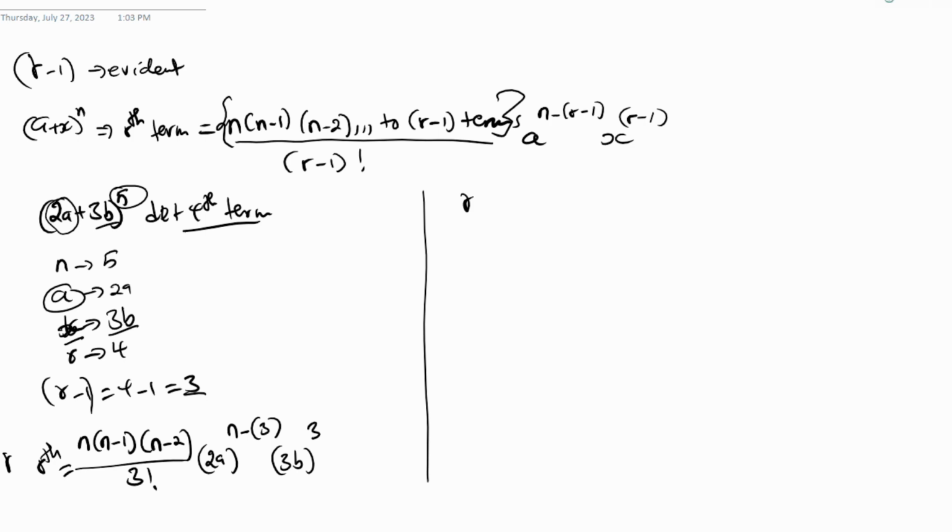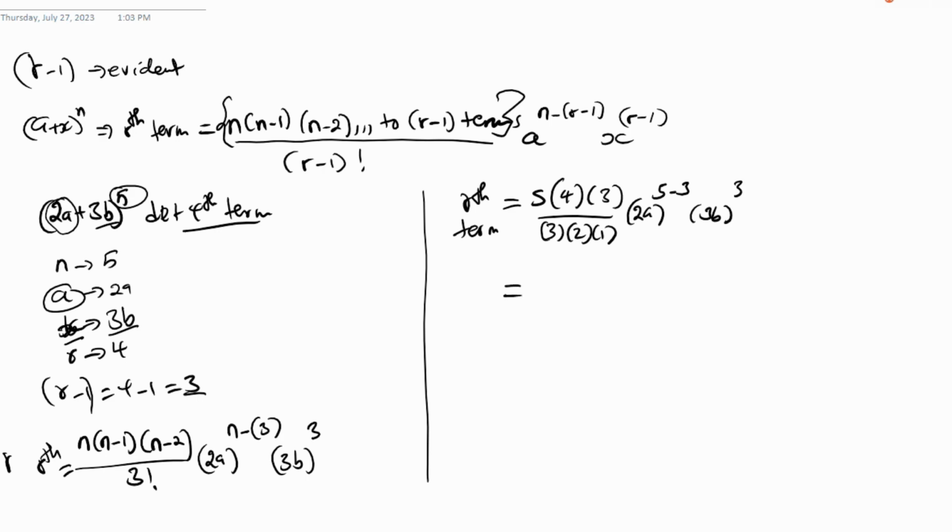We find that the rth term becomes, let's slot in our values: the n value is 5, into 5 subtract 1 is 4, 5 subtract 2 is 3, divided by factorial 3, multiplied by 2a raised to 5 minus 3, and multiplied by 3b raised to 3.